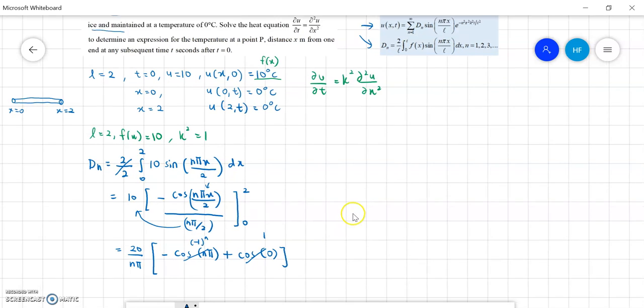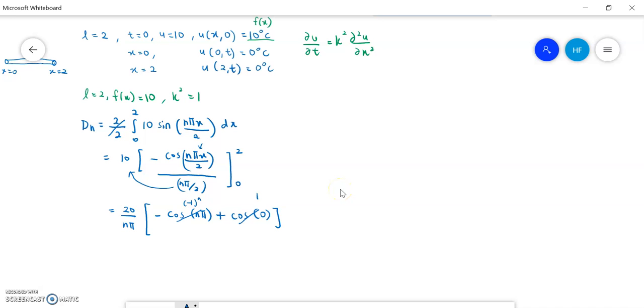So rewriting this, we get 20 over nπ times (1 minus negative 1 to the power of n). So for n equals 1 and all the odd numbers, this equals negative 1.